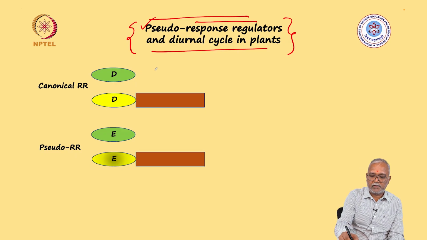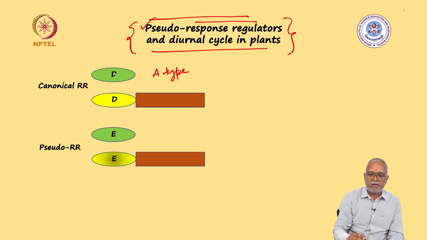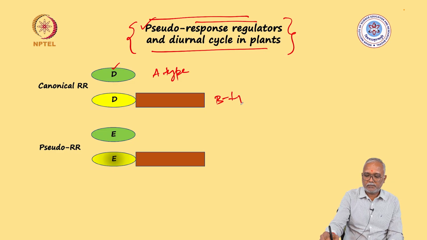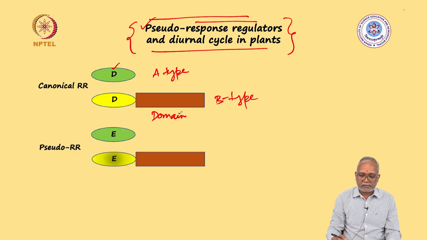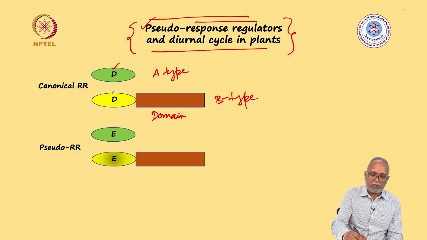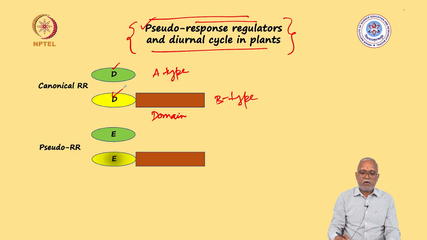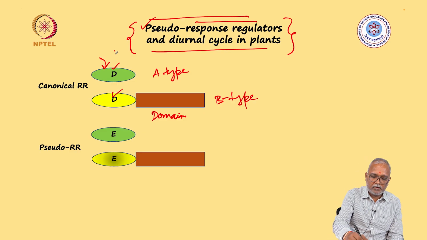You can say that this is A type, which has the basal minimum receiver domain with the conserved aspartate residue, or you have a B type, which has in addition a domain which gives it additional functionality. But in both cases, your aspartate residue, where the final phosphate group will be received, is intact.